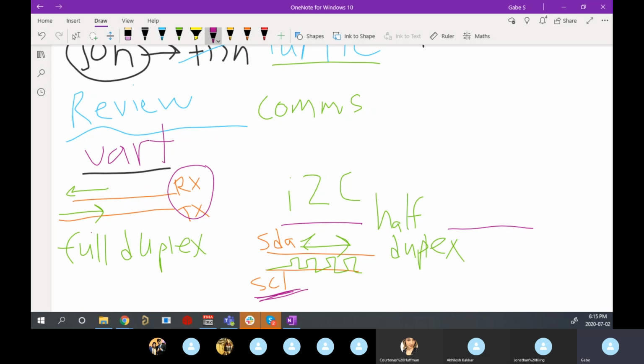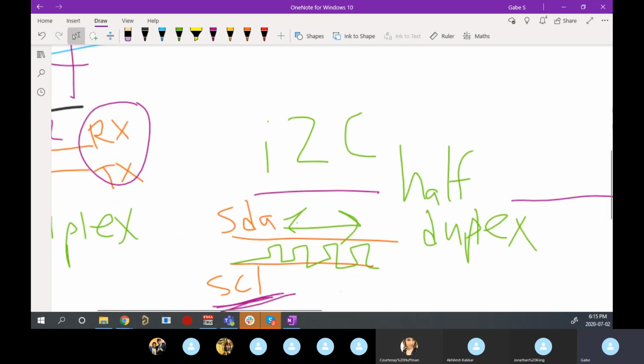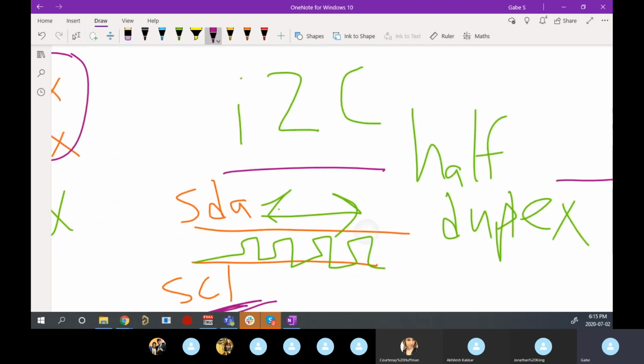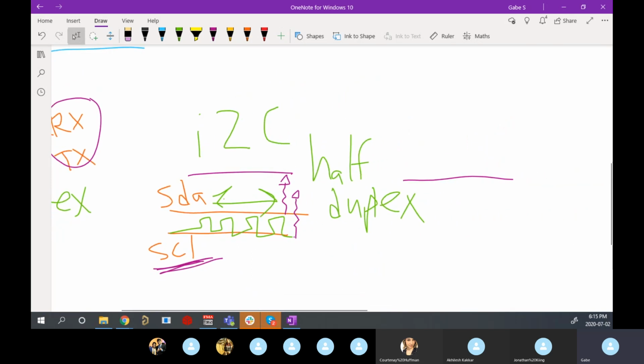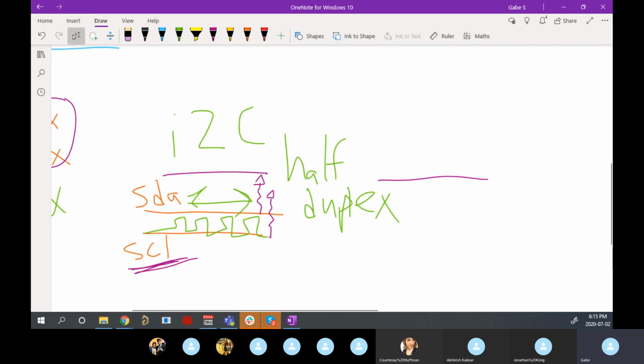UART was push-pull, so each low and high, you could drive to logic 1 and drive to logic 0. And on I squared C, we relied very heavily on our pull-up resistors. We had a pull-up resistor on both the data line and on the clock line. And that helped us with something called arbitration, which basically solved the problem for when 2 masters are trying to communicate at the same time.